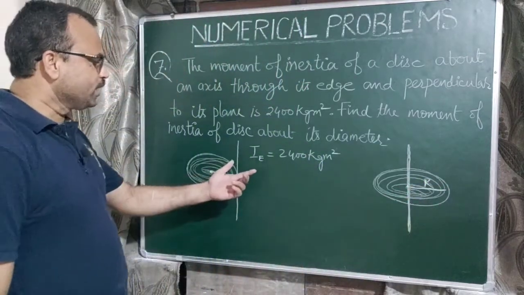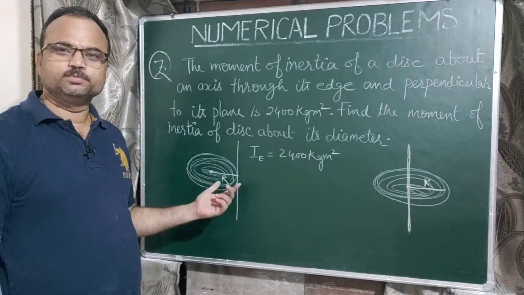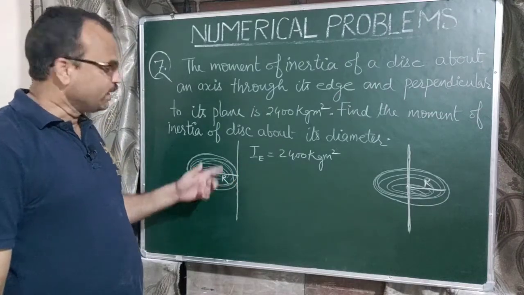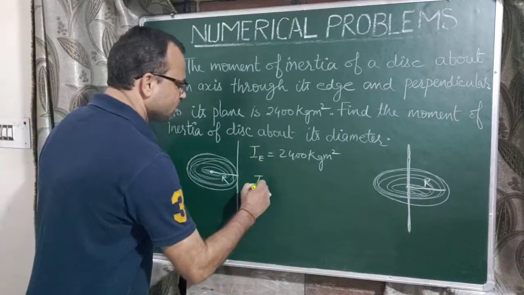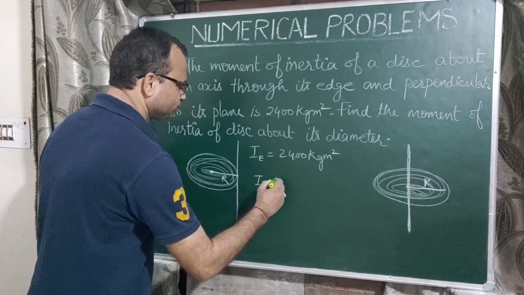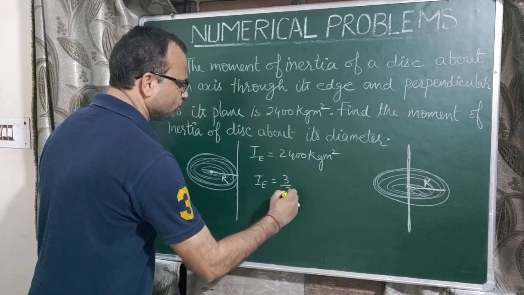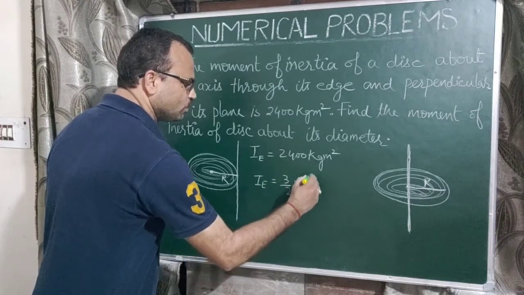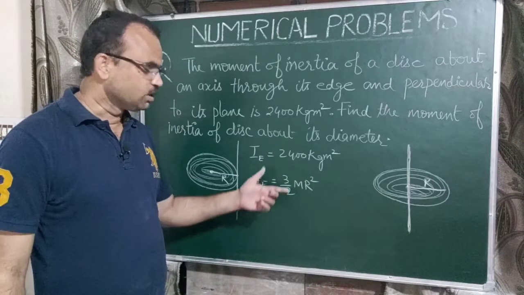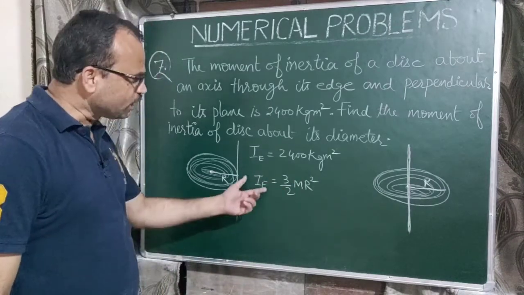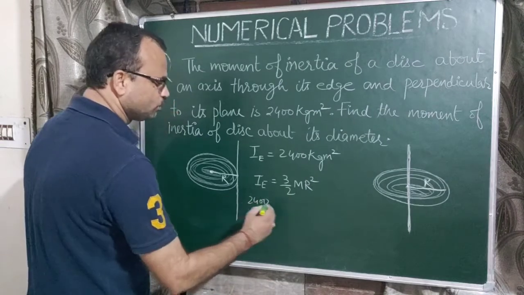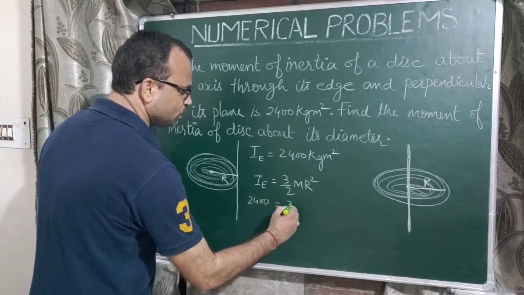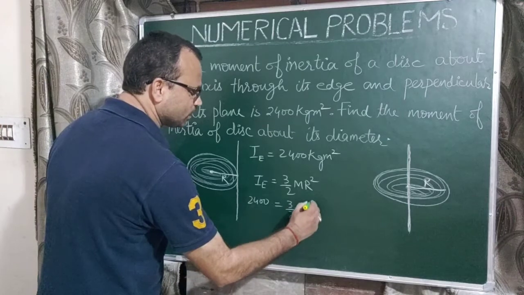As we know, the moment of inertia of a disk when the axis passes through its edge is I_E equal to 3/2 m r square, and its value is given, means 2400 equal to 3/2 m r square.